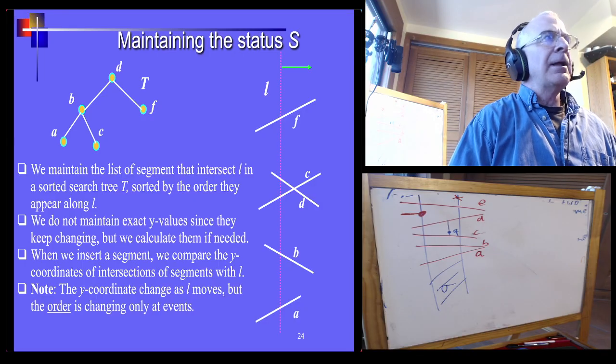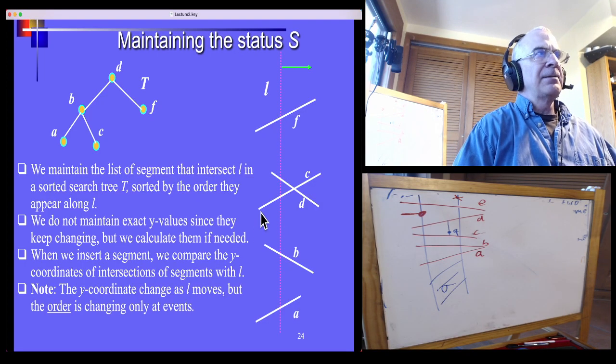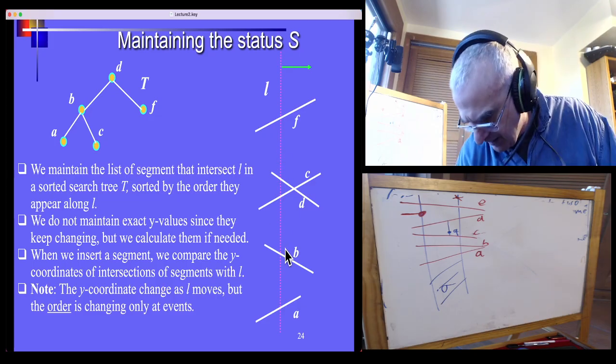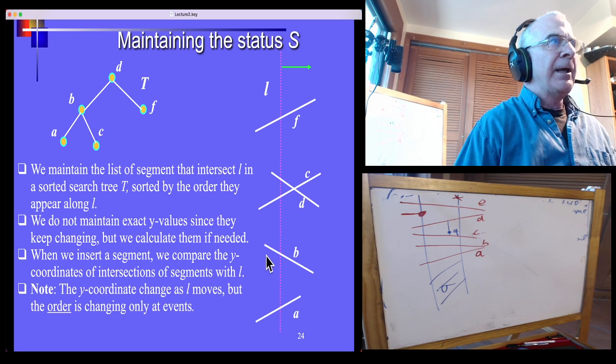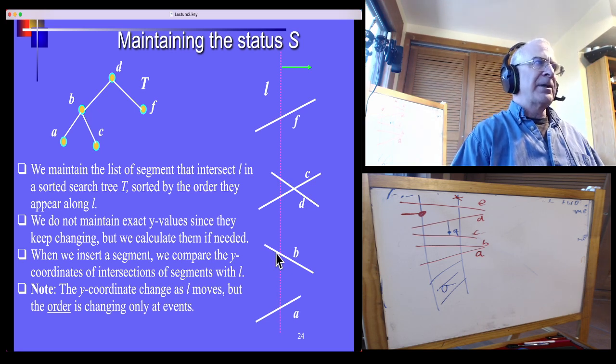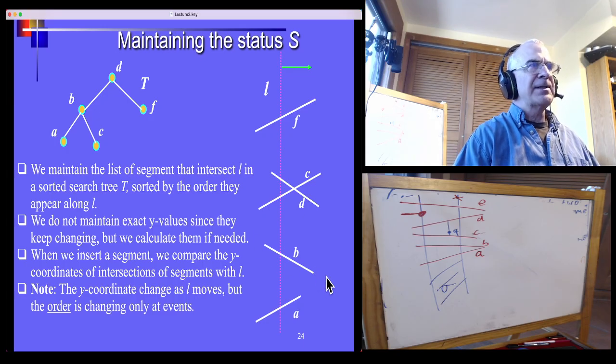So when we discussed it last meeting, I suggested to keep the segments in an array. However, we never store the exact y value. Instead, we store the name of the segment or its endpoint or the line through the segment.